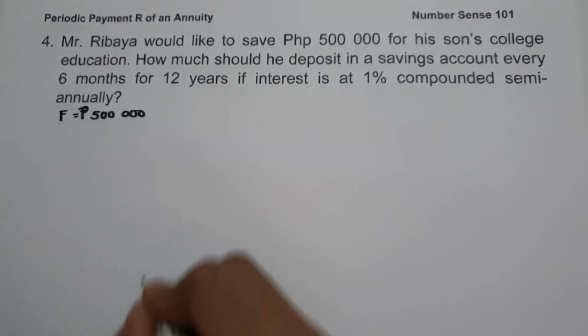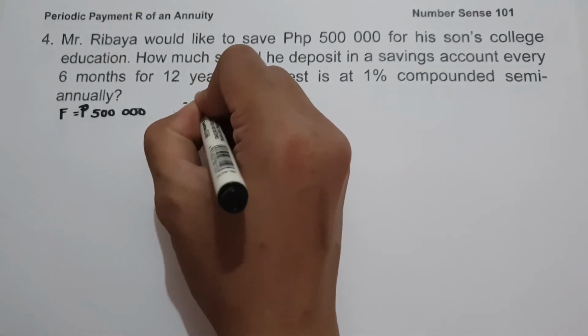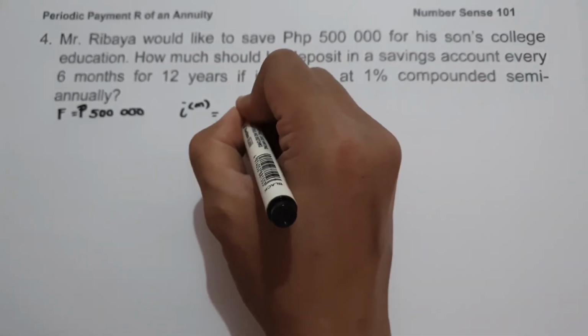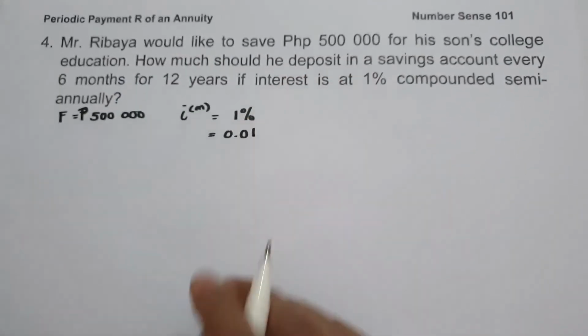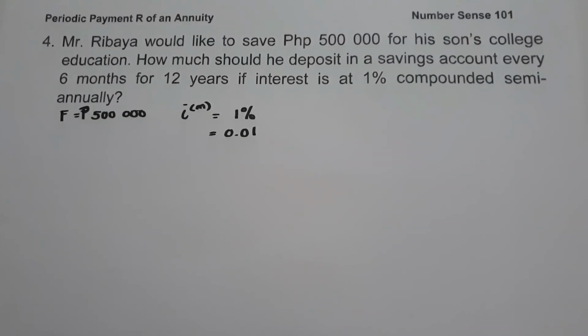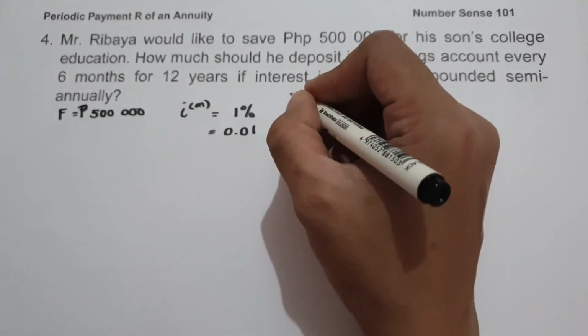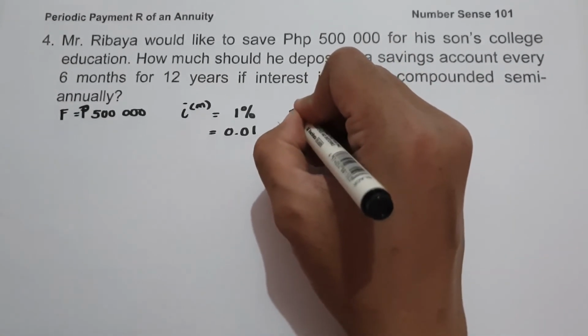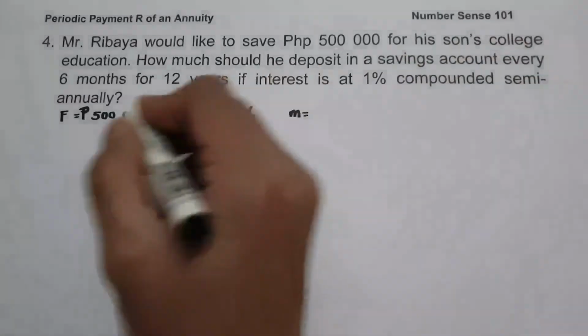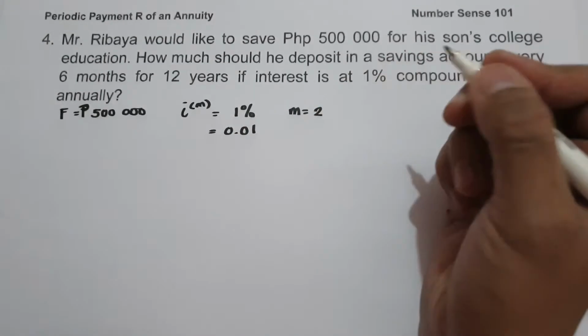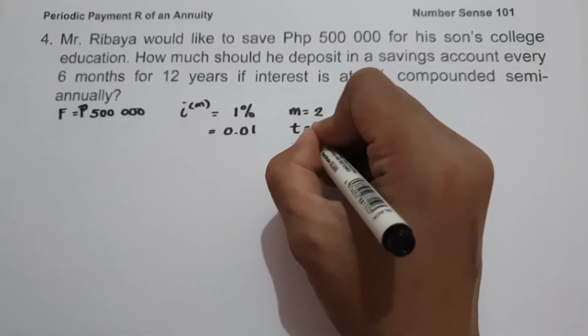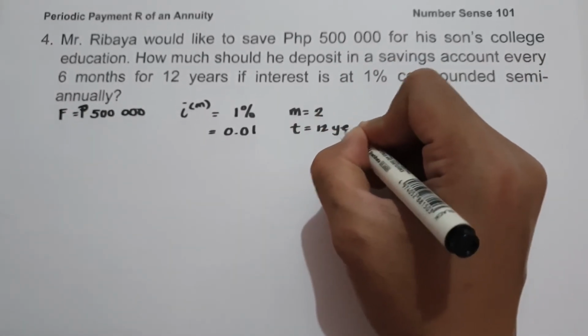And then, annual rate, that is 1% or 0.01 in decimal. And then, let us have the number of conversion period in a year. Since we have semi-annually or 6 months, the value of M is 2. Time is 12 years.